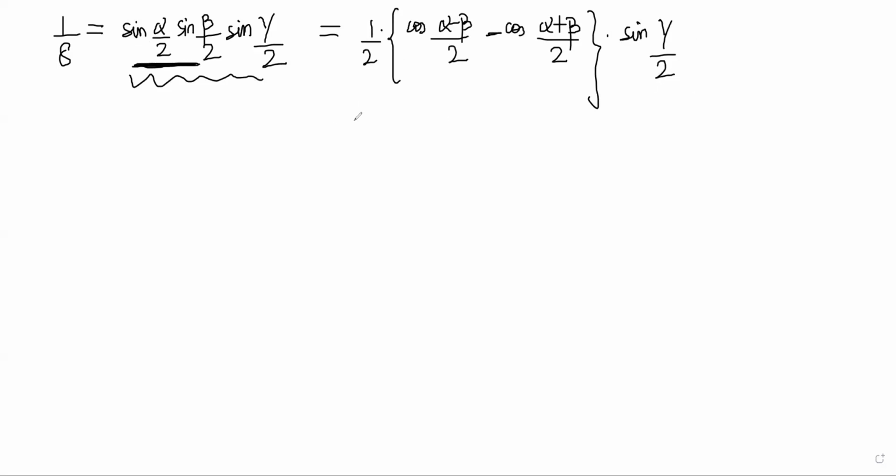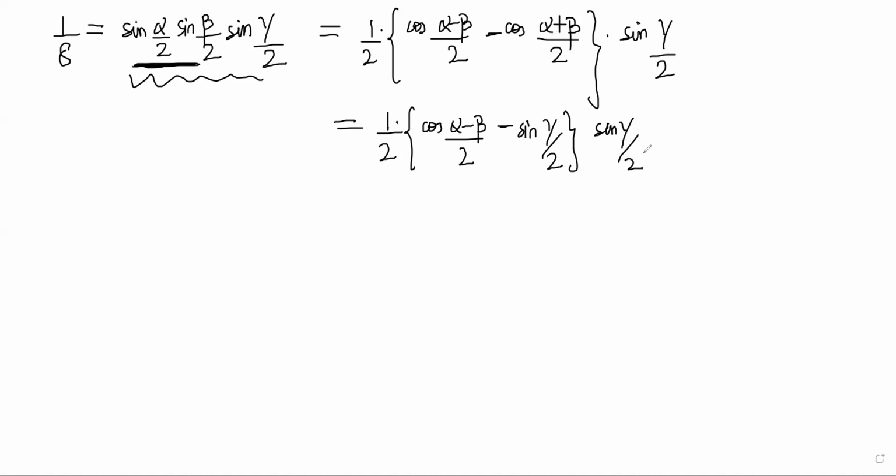Okay. Now think of this. This is half times cos of (alpha minus beta) by 2, and (alpha plus beta) by 2 is 90 minus gamma by 2. So therefore, this is minus sine gamma by 2, multiplied by sine gamma by 2, right? So what we get here is an equation like this.